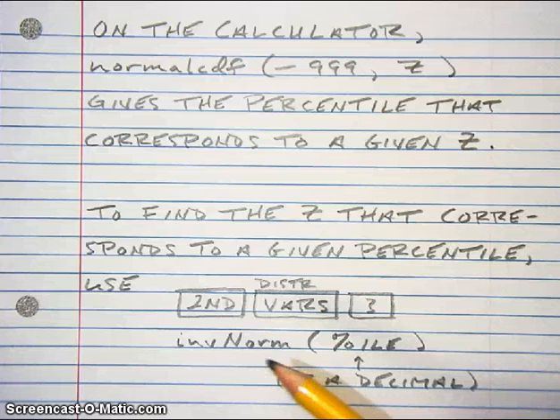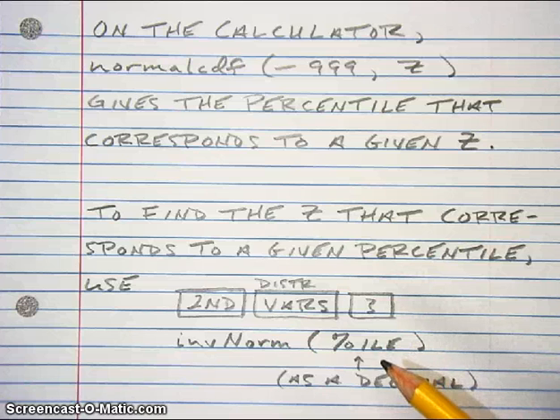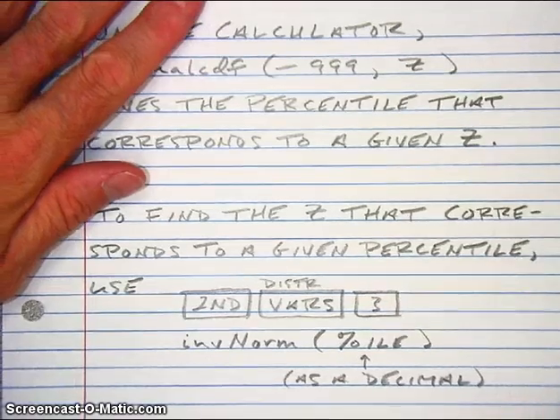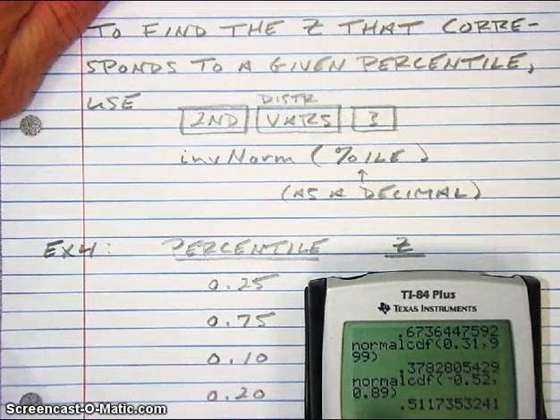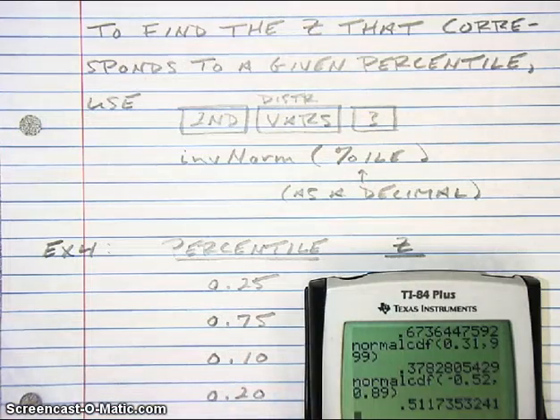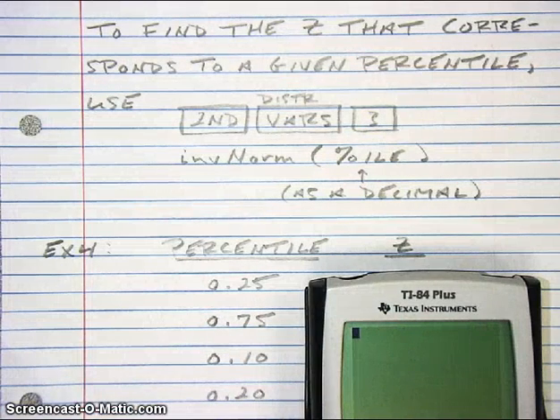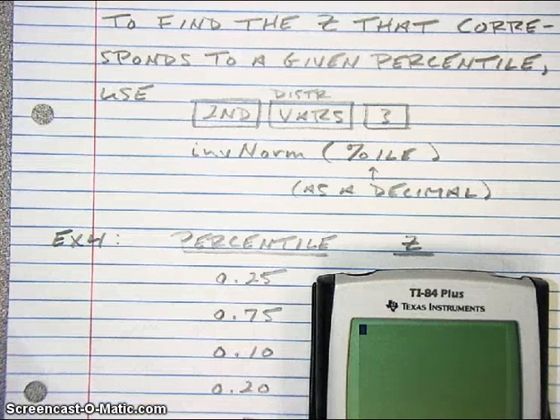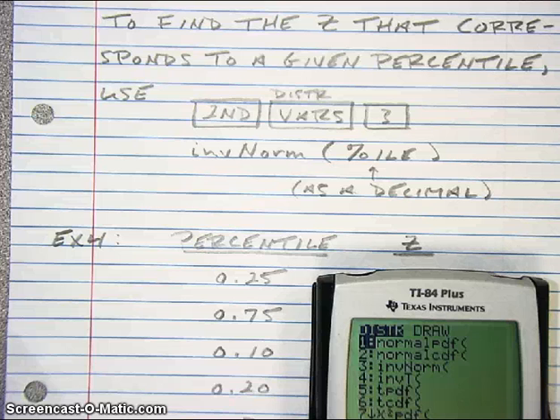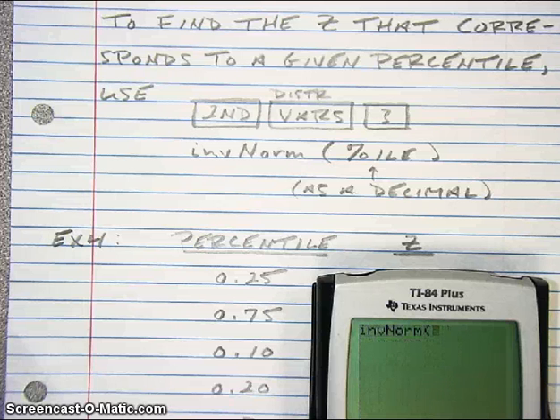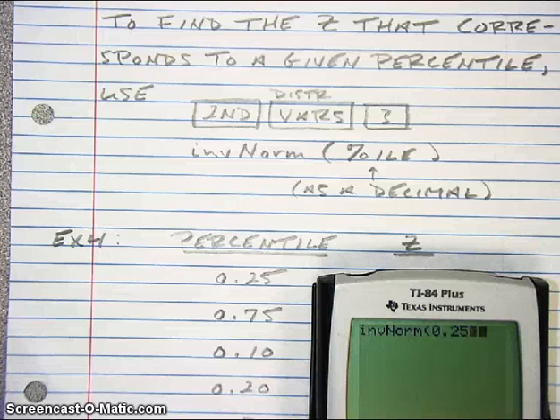The syntax is inverse norm, and then you type in the percentile you're looking for as a decimal, and the output of the calculator is the z-score that corresponds to that percentile. For example, suppose you want to find the z-score that corresponds to the 25th percentile. You would input 0.25 as your percentile. So you go second vars and number 3, and then you type in 0.25.